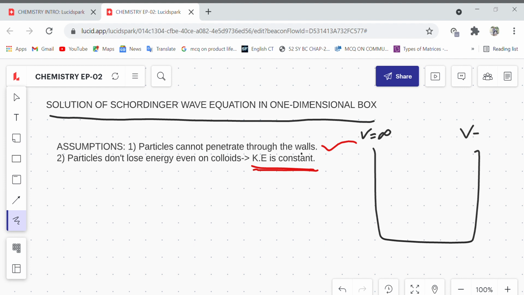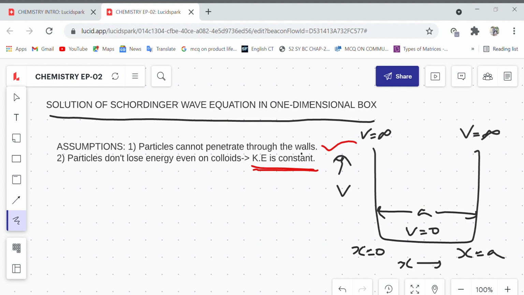X equal to 0, X equal to A. Here V equal to 0. And here X. So this is the diagram. So let me again move to the text box.